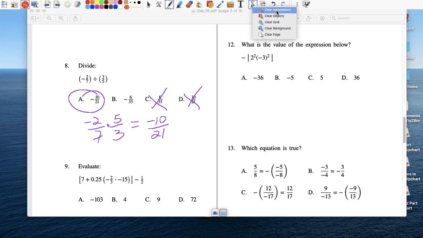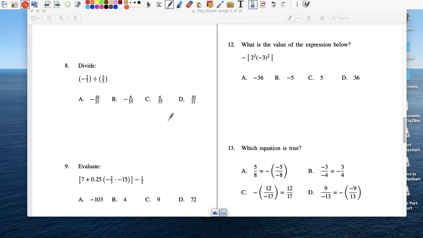Number 9, evaluate. Can we simplify anything? All right, let's just do it. So we get 7 plus 0.25, and let's find out what that parentheses looks like. Inside, negative 2/3, the negative times a negative becomes a positive. So 2/3 times 15, we can simplify. 3 and 15 becomes 5, and 2 times 5 becomes 10.